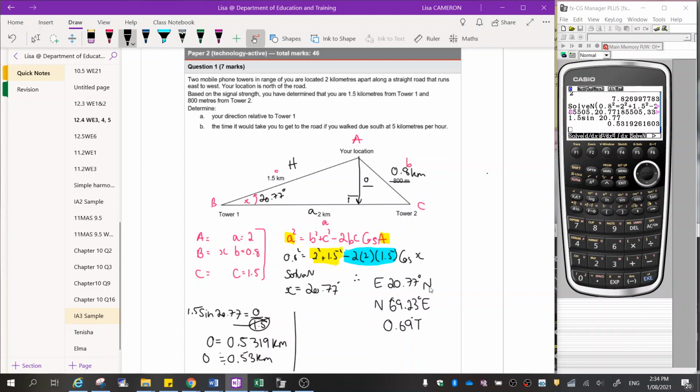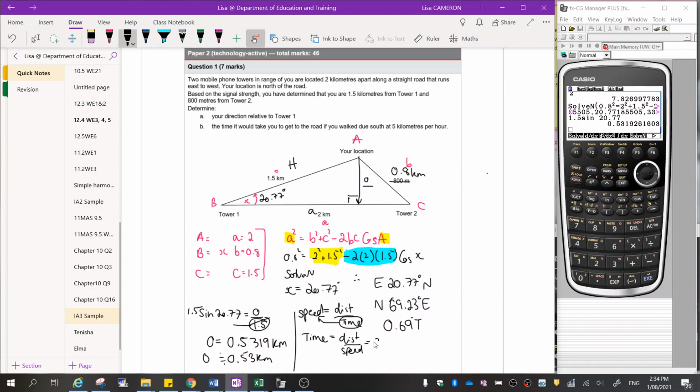Okay, so that helps us because now we've got our distance that we've walked, we've got our speed that we walked at. Now, if you think about how we calculate speeds in terms of methods, we normally do that the speed is the rate of change of distance with respect to time. So that means that if I want to work out the time it's going to take, I need to take this one and swap its place with the speed. So the time is going to be equal to the distance divided by the speed.